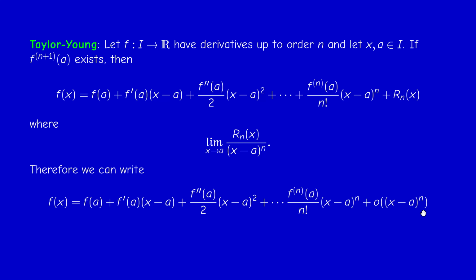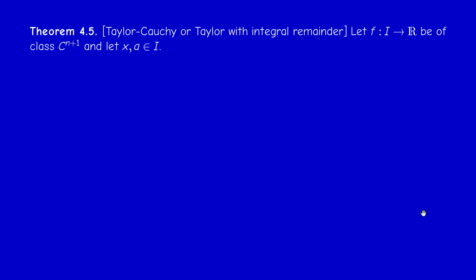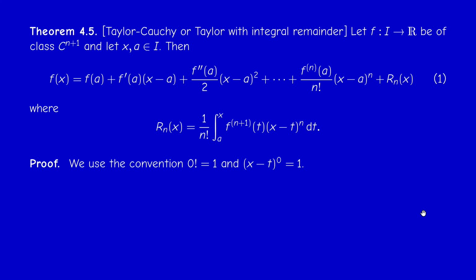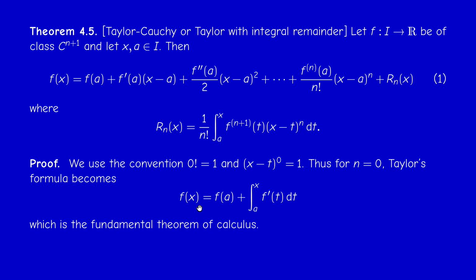Okay, now let us prove Taylor-Cauchy. It's very easy because you just use induction. Okay, for n equals 0, it's possible to take n equals 0. It's not a problem, because when n equals 0, this is just f of a. Okay, so it means that we are approximating f of x by a constant plus a remainder.